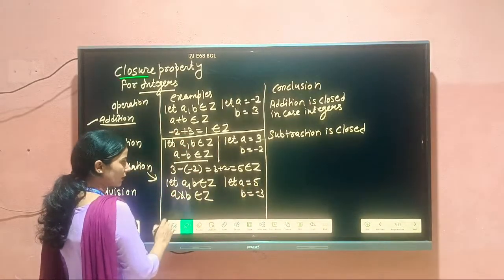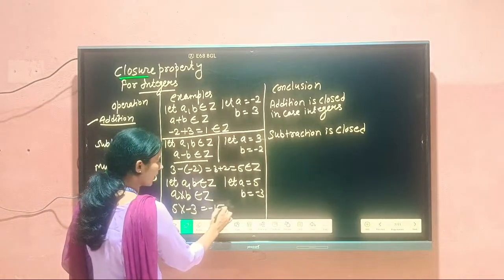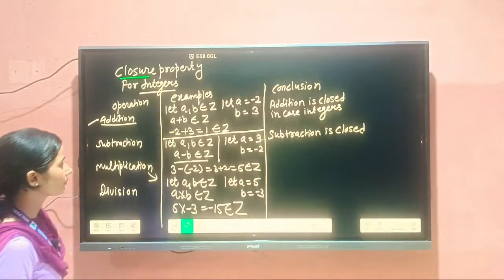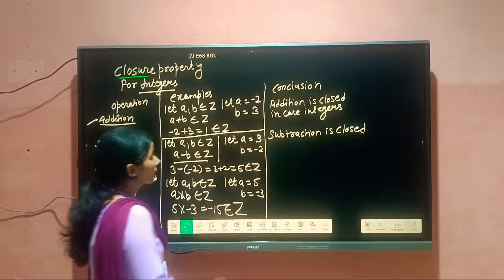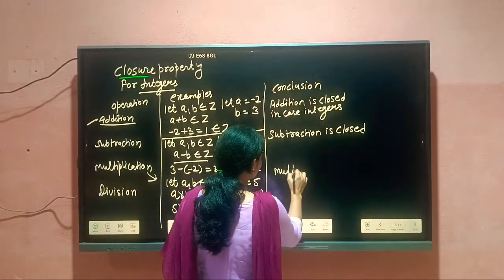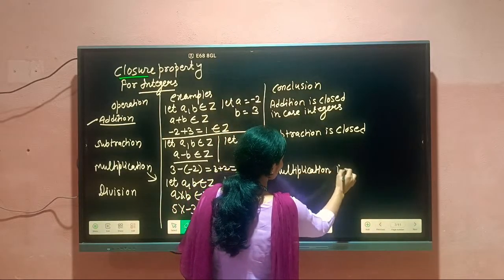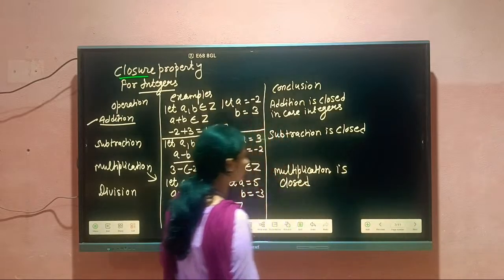A into B, 5 into minus 3, the answer is minus 15, and minus 15 belongs to integers. It means multiplication is also closed.